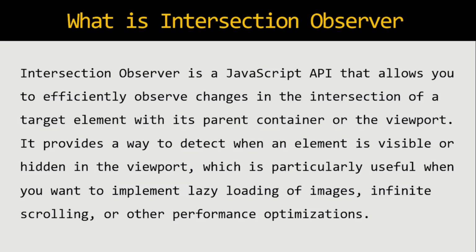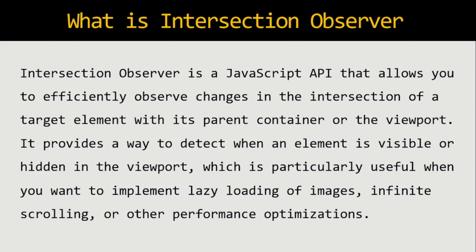So intersection observer is a JavaScript API that allows you to efficiently observe changes in the intersection of the target element with its parent container or the viewport. And I won't repeat that, but basically intersection observer is a JavaScript API.